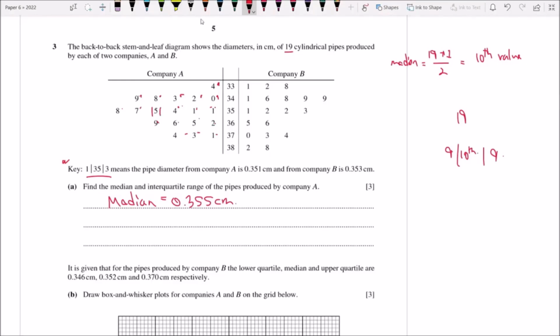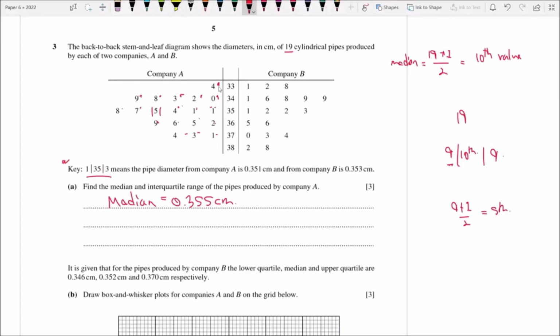Now about Q1 and Q3. Sorry, we found Q2, that's the median. Q1 is the median of the first half of the data and Q3 is the median of the second half of the data. Q1 is basically the 25th percentile, the midpoint of the first half. In the first half we have 9 values. What's the median for the 9 values? It's 9 plus 1 by 2, which is the 5th value.